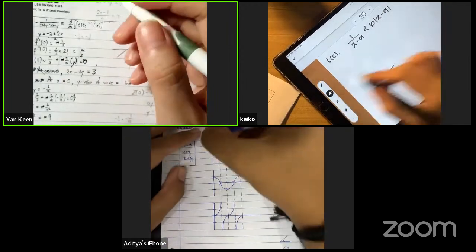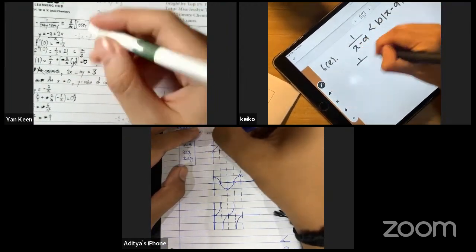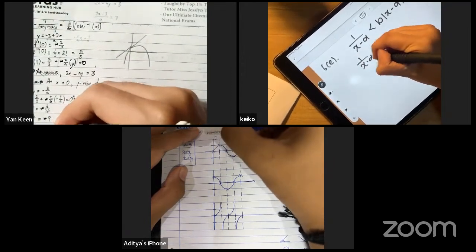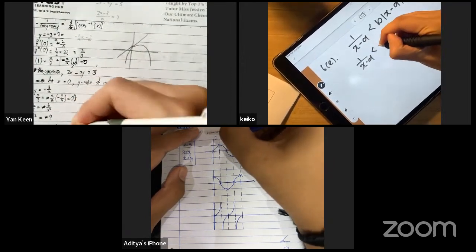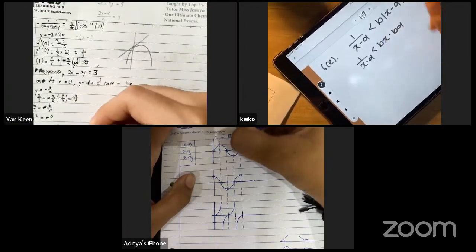A is plus minus 3. Okay, so obviously reject 3. Why? Because A is a positive constant. That means you're reading it. Excellent, good.